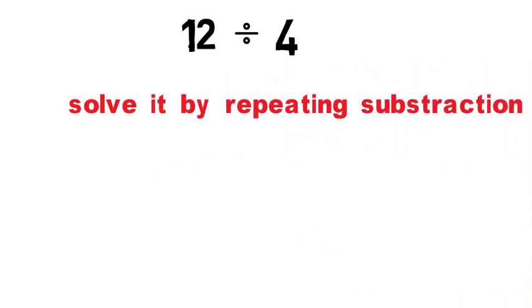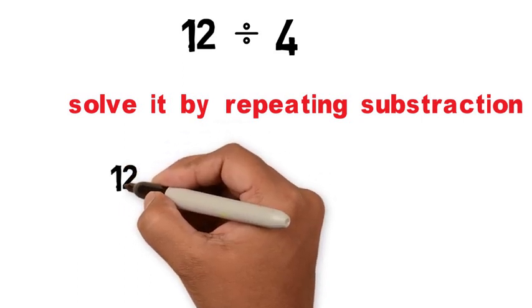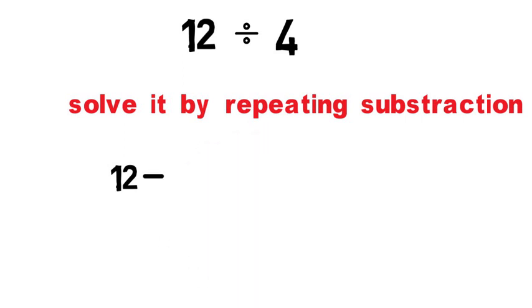We subtract 4 from 12 until we get a number less than 4 or a 0. 12 minus 4 is 8. 8 minus 4 is 4. Again we subtract, 4 minus 4 is 0.